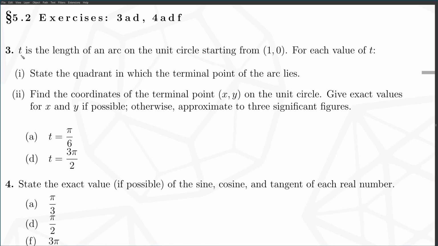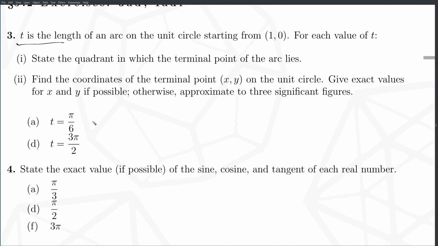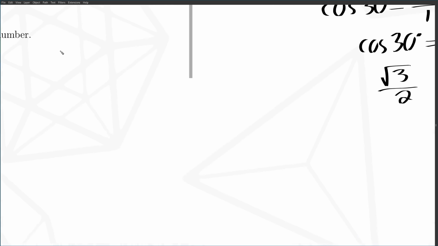Okay, so the length here is just telling us the angle, basically. And here for pi over 6, this is in radians. So we have to convert this radian into degrees. Okay, a quick review on how to do that. If we have a measurement like pi over 6, we have to know how many radians are in a circle and how many degrees are in a circle.